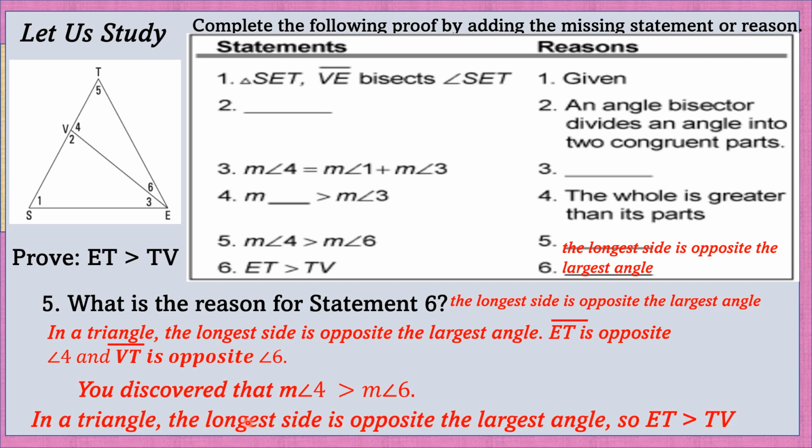So the longest side now is the one that is opposite the larger angle, and that is side ET. Therefore, the statement which says that side ET is greater than side TV is true, and the reason for that is the longest side is opposite the largest angle.